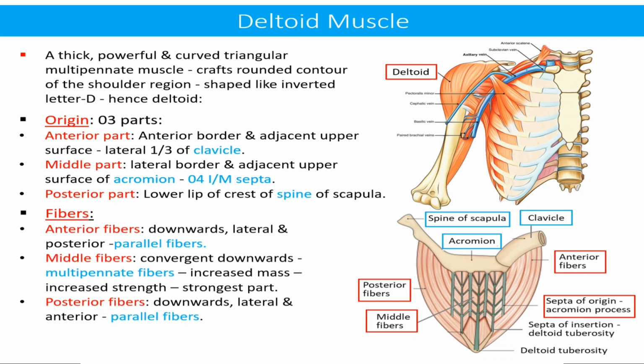Middle fibers converge downward, being multipennate fibers. They increase the muscle mass and the strength of the muscle. Because of these facts, this becomes the strongest part of all the three parts of the muscle.